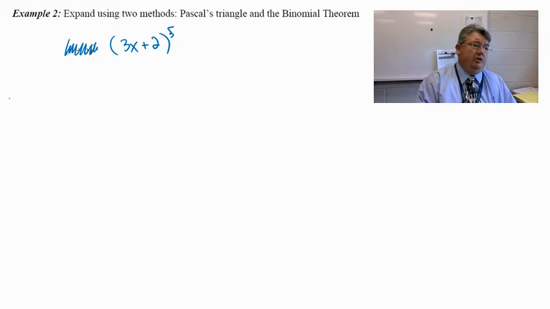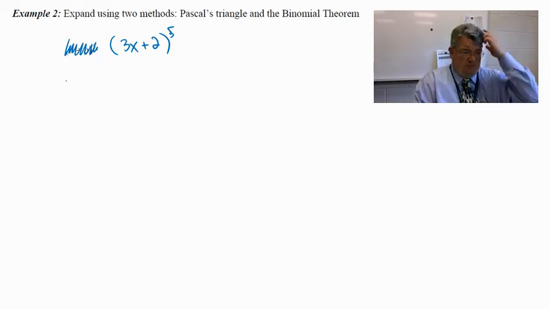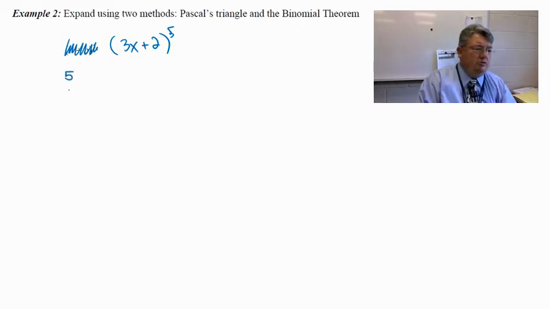So the binomial theorem says this first term, check it out. If I do 5 choose 0 times the first thing, which is 3x, and the second thing is 2, this will be 0, and this will be 5.